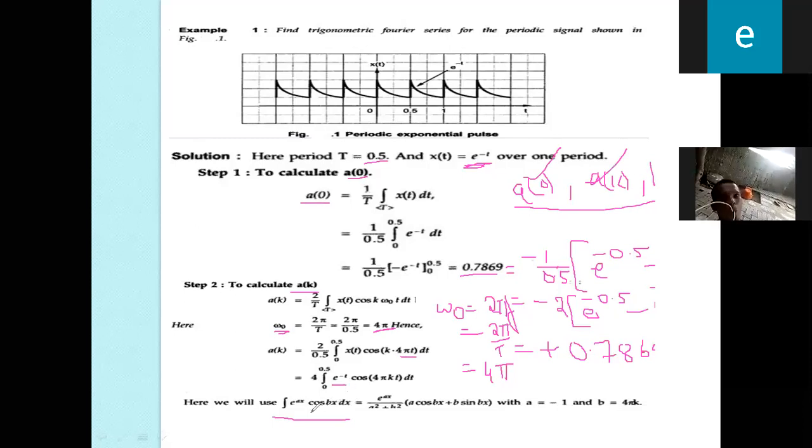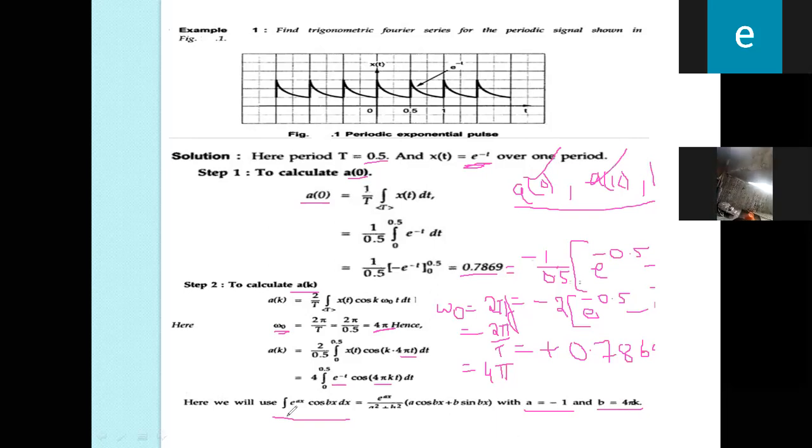These are equations you get in M1 or M2. We already learned in the first year, integral e power ax cos bx. So what is the a here, comparing these two functions? A is equal to -1, as t is x here. And for bx, x here is t, so what is the b here? 4 pi k. So b is equal to 4 pi k.